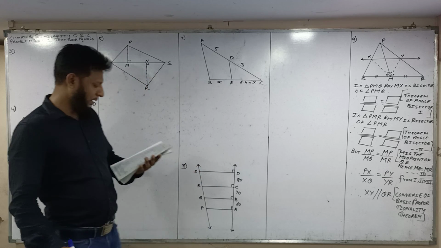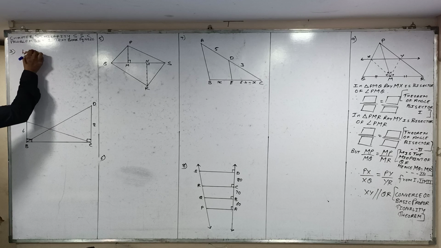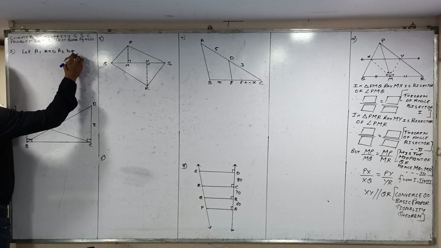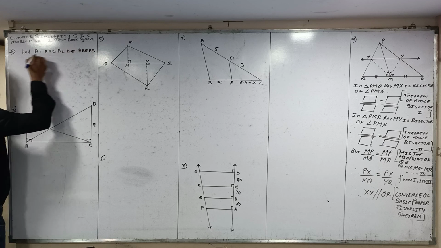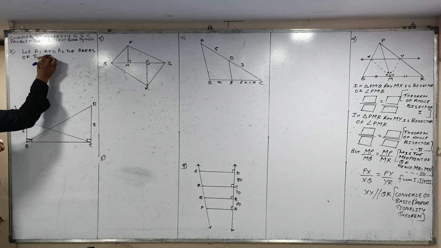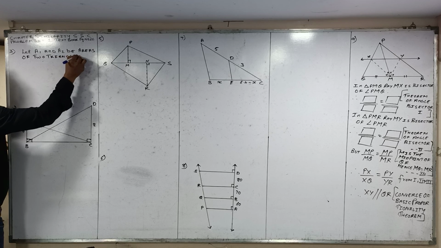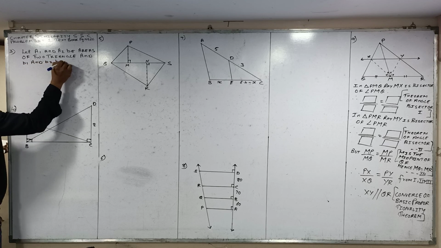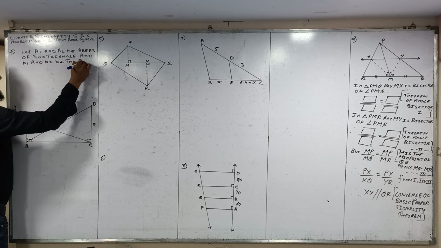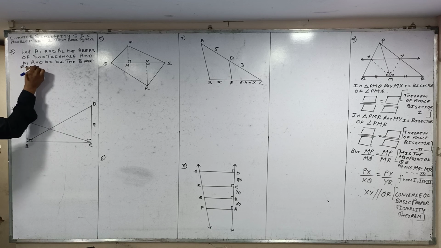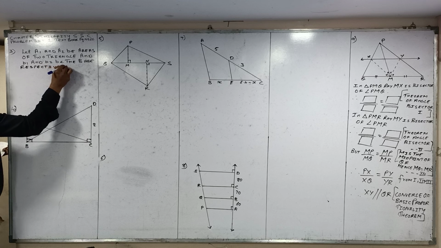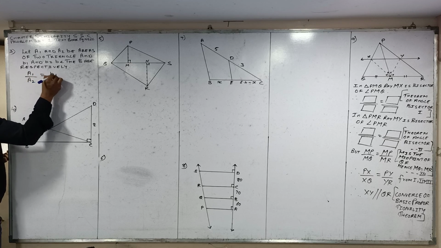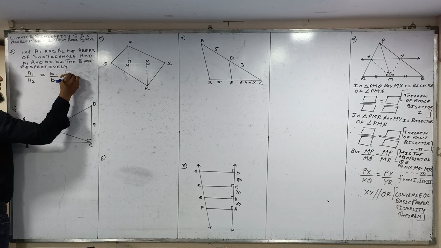Let A1 and A2 be the areas of the two triangles, and B1 and B2 be the bases respectively. Areas are proportional to their bases when their heights are equal.